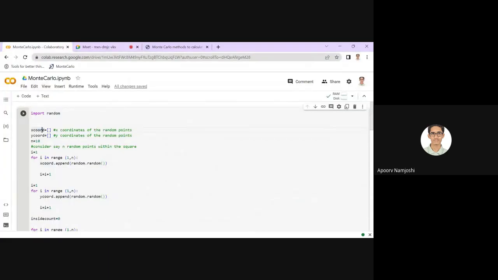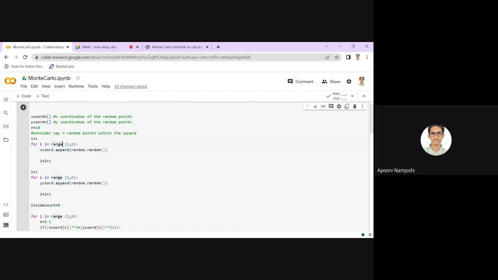This list will store all the x coordinates of the random points. This one will store the y coordinates of the random points, and we are considering n points. We are distributing n points inside the square. Let us start with a small value of n, and we'll see what happens as n increases.